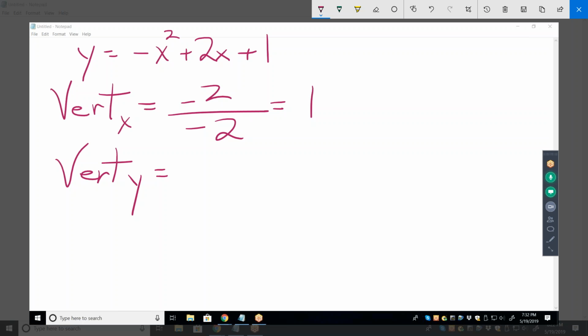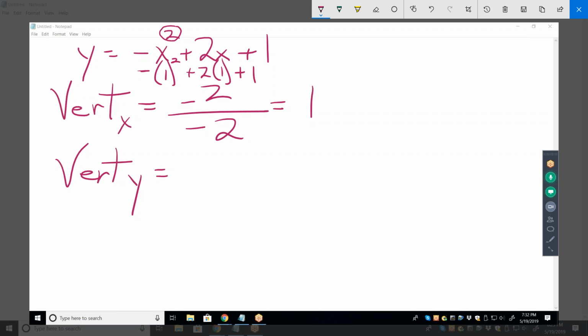There's not parentheses around that negative sign. In other words, this 2 right there applies only to the x. So if I'm plugging in, then it's negative 1 squared, like that. Plus 2 times 1 plus 1.